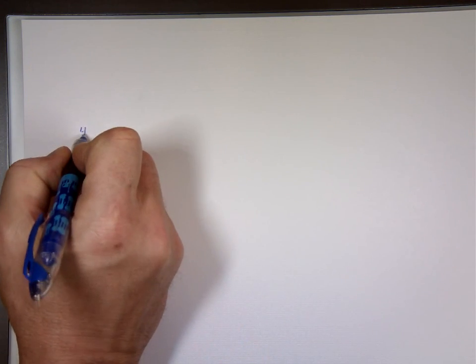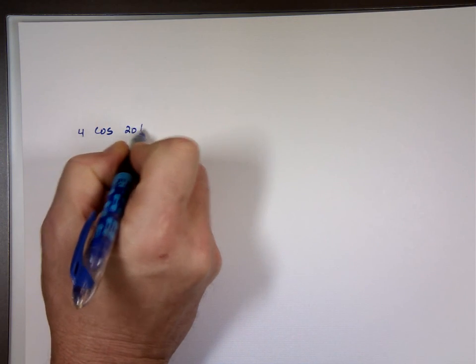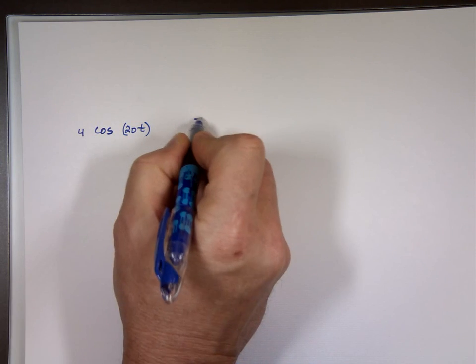4 cosine 20t, leave a space on the top. It is a voltage source.